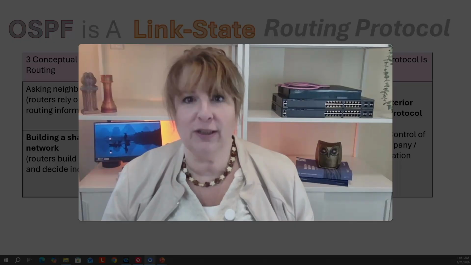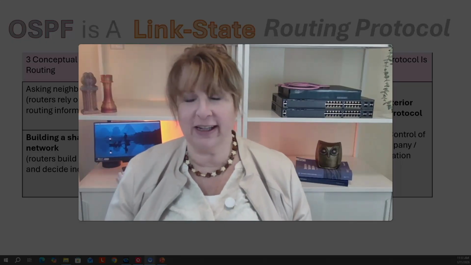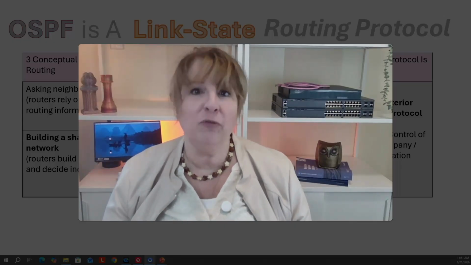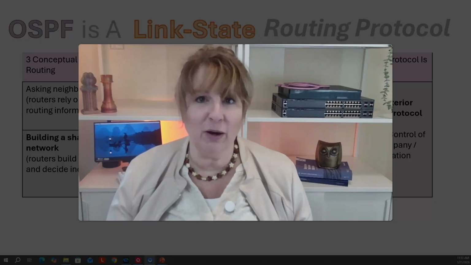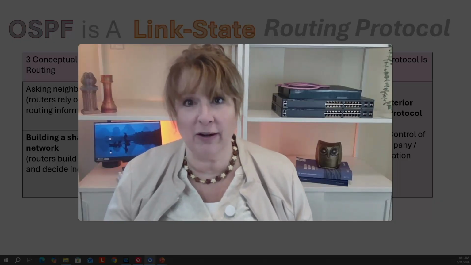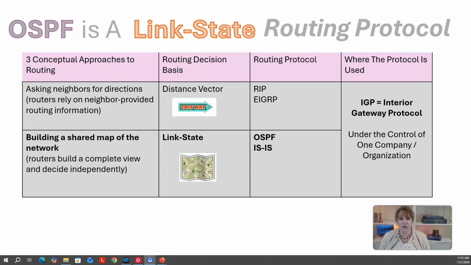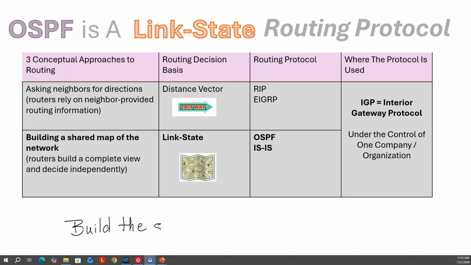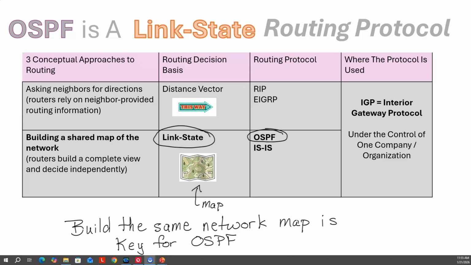If you watched my video about dynamic routing, hopefully you remember hearing about link state routing decisions. For some practical exam questions, you'll often see it phrased like this: which routing protocol allows routers to share information about their links so that all routers build the same network map?